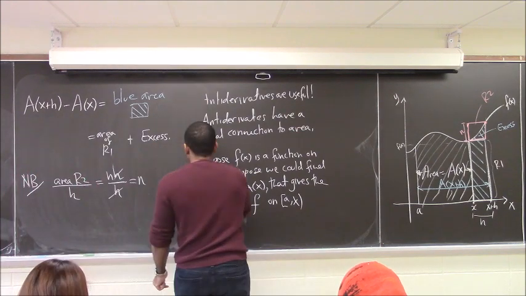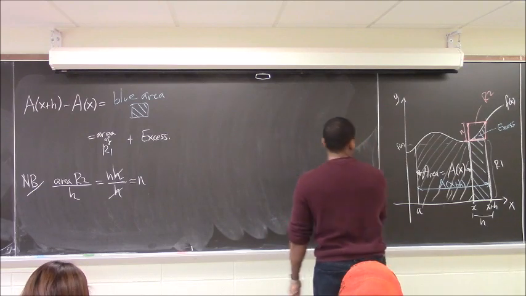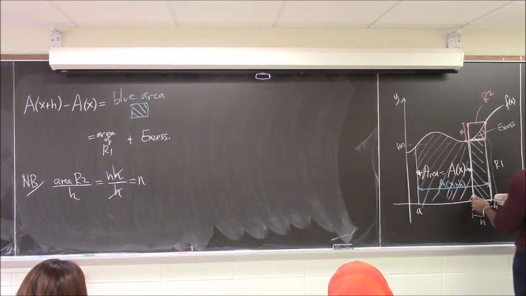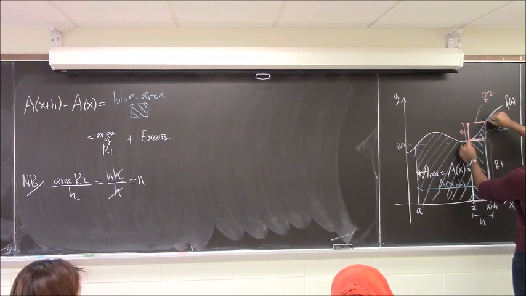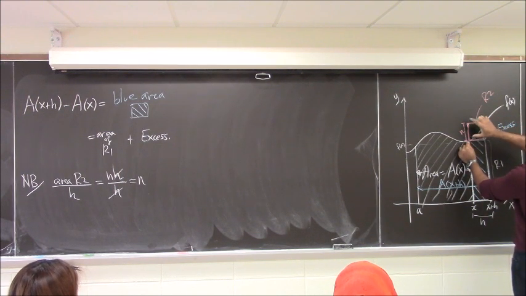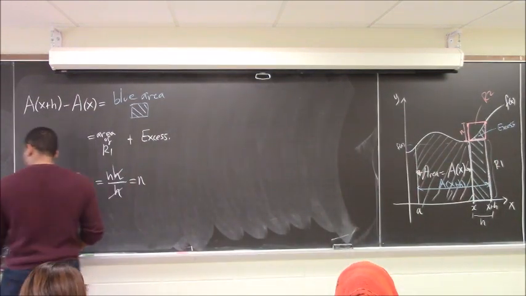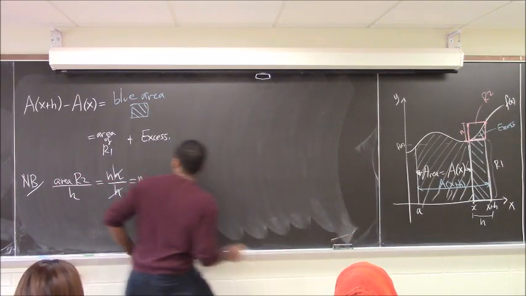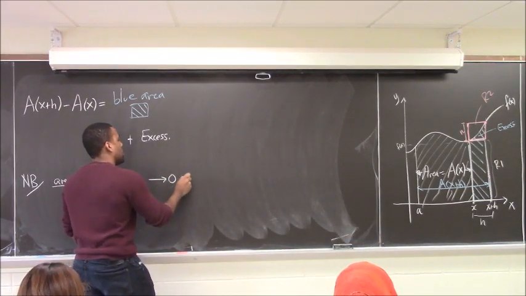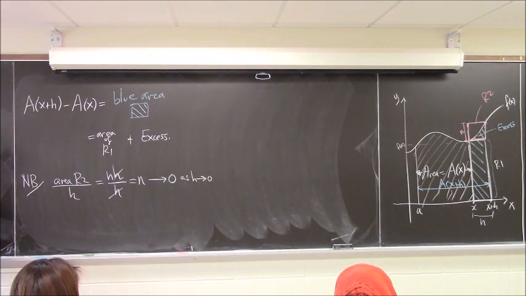And now consider what n would look like if this guy was getting smaller. That would mean this point would be getting closer to that point. The height of this rectangle would be getting smaller. And so you can basically know that this will approach 0 as h gets close to 0, as we close in the endpoints together.